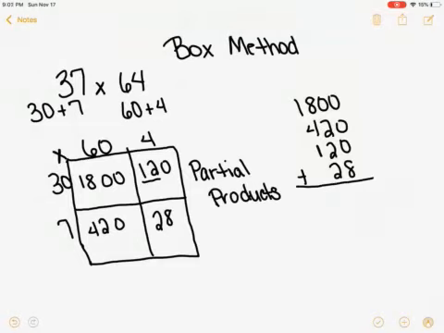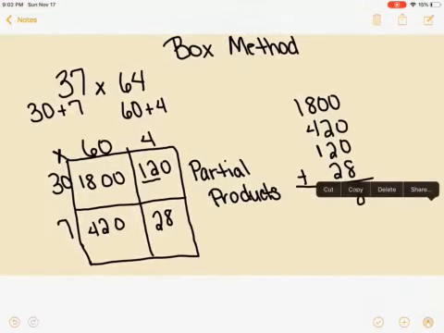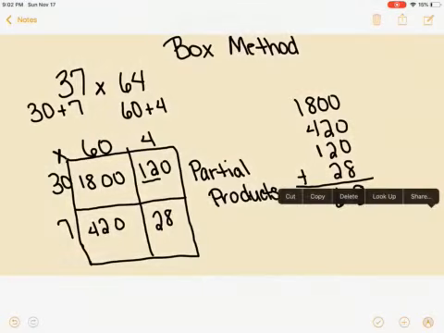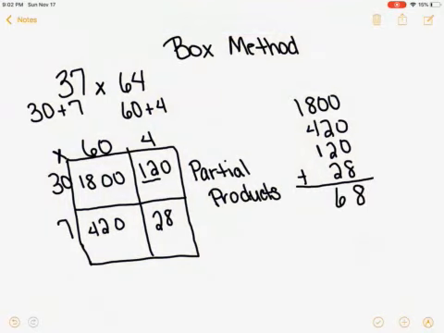We'll add them all up. 0 plus 0 plus 0 plus 8 is 8. 2 plus 2 plus 2 is 6. 8 plus 4 is 12. Plus 1 more is 13. So we'll write down our 3, and carry our 1. 1 plus 1 is 2. So our answer is 2,368.